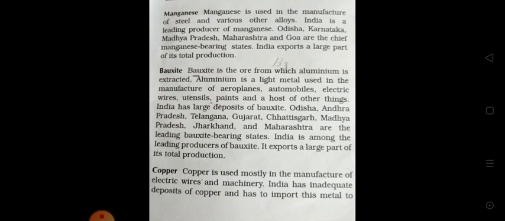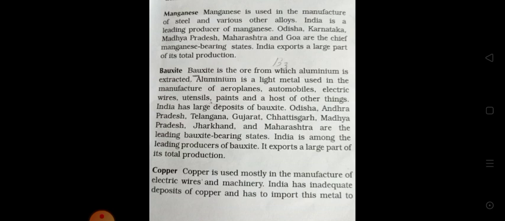Aluminum is a metal used in the manufacture of aeroplanes, automobiles, electric wires, utensils, paints, and a host of other things.